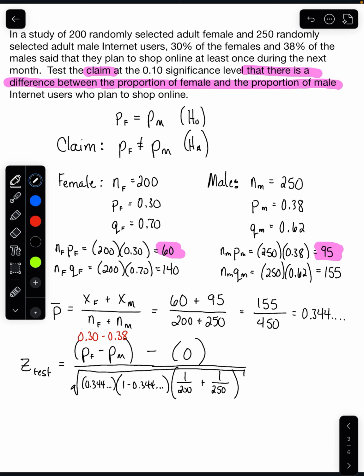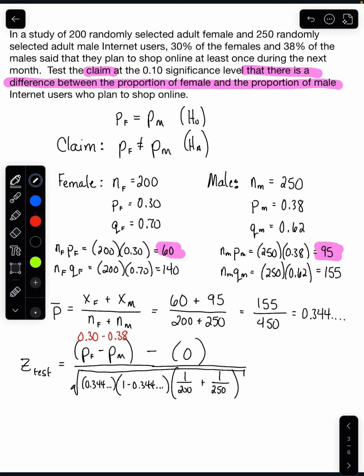Now, this requires a lot of typing, a lot of calculation, so we need to make sure that we do it very carefully. The advantage of a graphing calculator is that it can type in the whole expression all at once, or it can use the ANS feature to not have to round the value of p bar, and we can just use it directly.